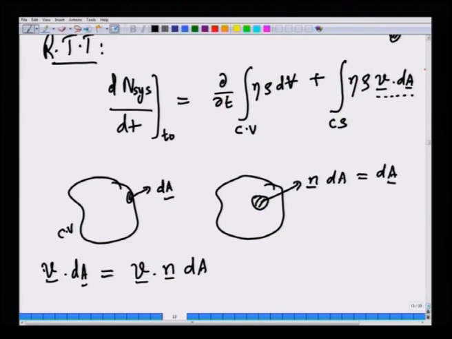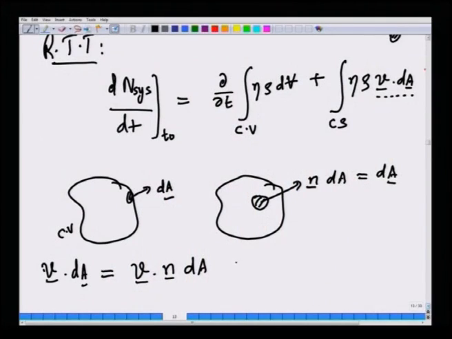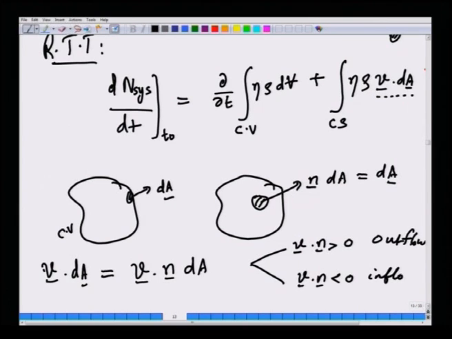If v dot n is positive, that is, v is in the same direction as n, meaning v dot n is greater than 0, there is a net outflow of fluid. If v dot n is negative, there is an inflow of fluid around that patch.